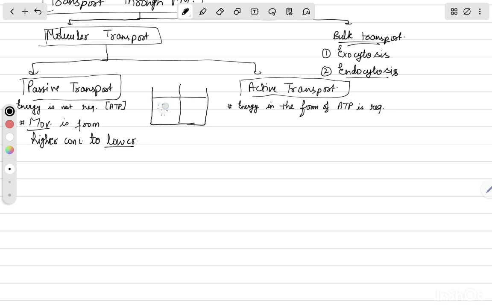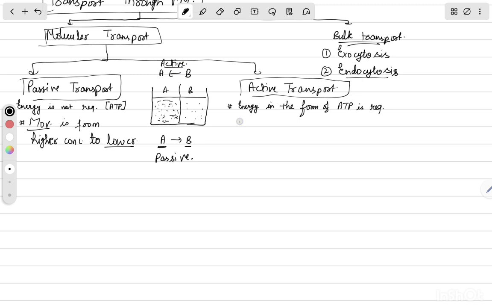More solute particles inside A and fewer solute particles inside B. Suppose the movement is from A to B, and suppose the movement is from B to A. A to B means higher concentration of solute at A side and lower concentration of solute at B side. So this type of movement will be passive movement. And this type of movement we generally consider active movement.